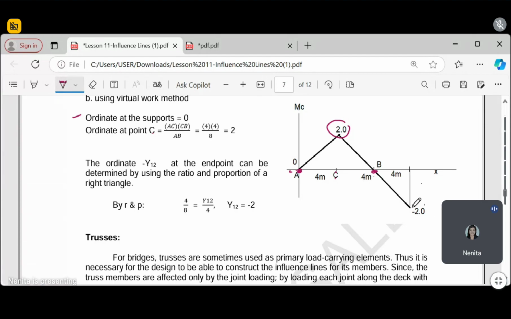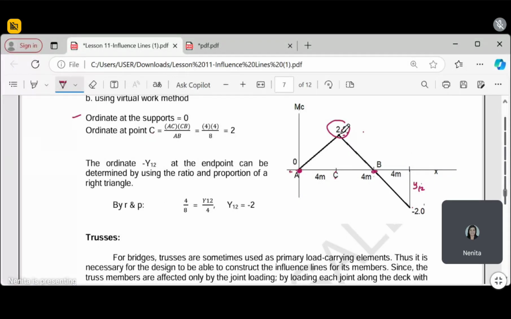Then we get the rest by ratio and proportion in the triangle. This is 4 is to 8. This is 2, and 2 is 4 is to 8. And then this is, let's say, y sub 12 is to 12, is to 4.